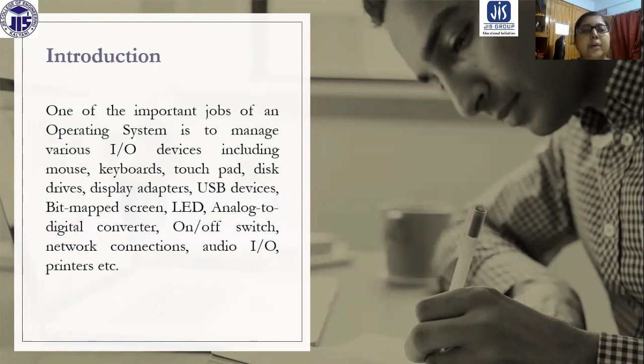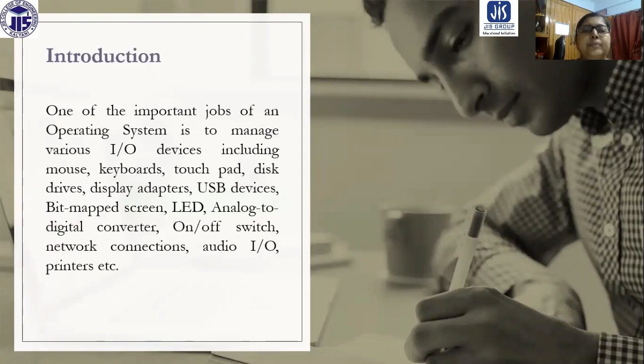The most commonly used input-output devices we can imagine are the keyboard and mouse. There are many others like touchpad, disk drives. Keyboard and mouse are mostly used for input, and output can be taken from the computer monitor.